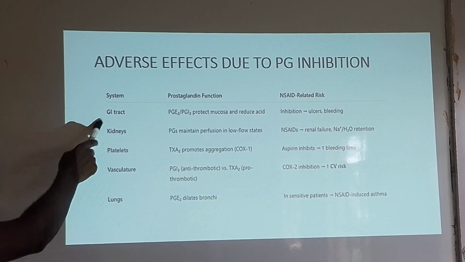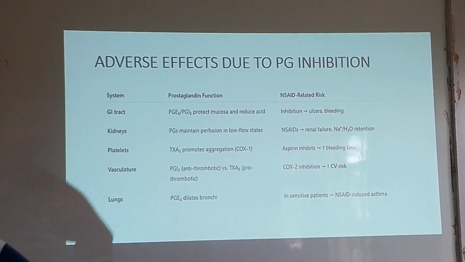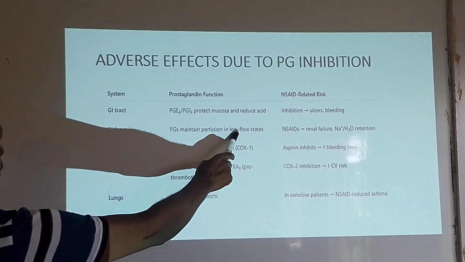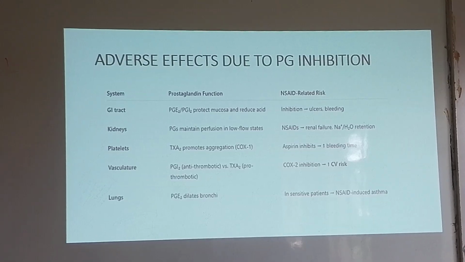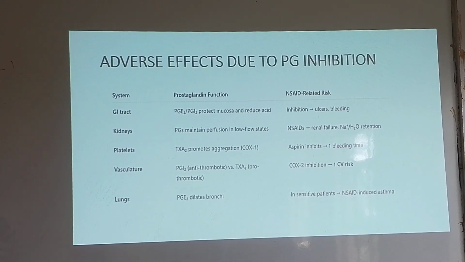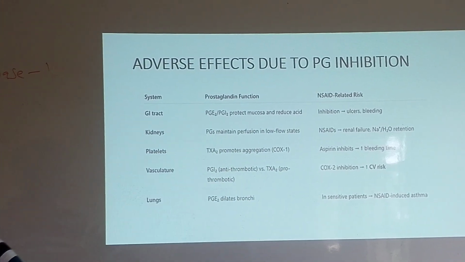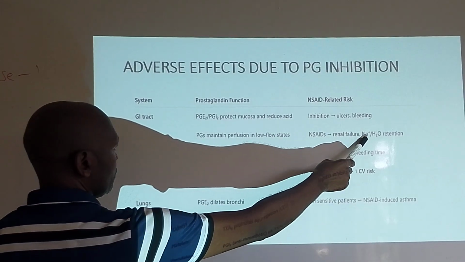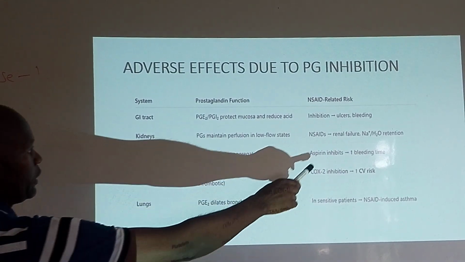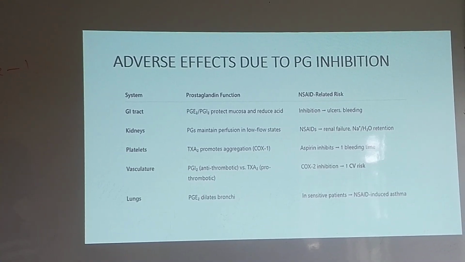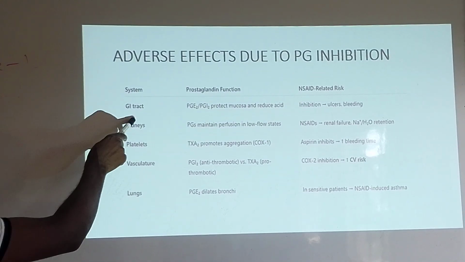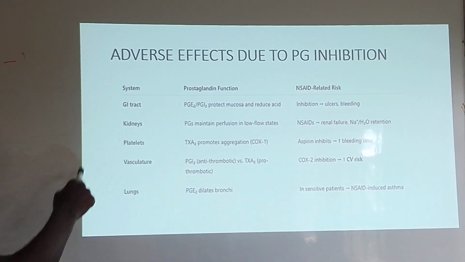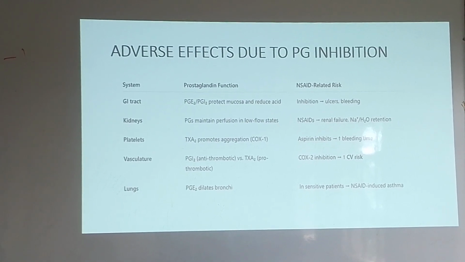In the kidney, the function of prostaglandin is to maintain perfusion in low flow states. So when you give NSAIDs, they will block this function. And therefore, patients may be at risk of renal failure because of sodium and water retention. And therefore, NSAIDs are contraindicated in patients with kidney diseases.